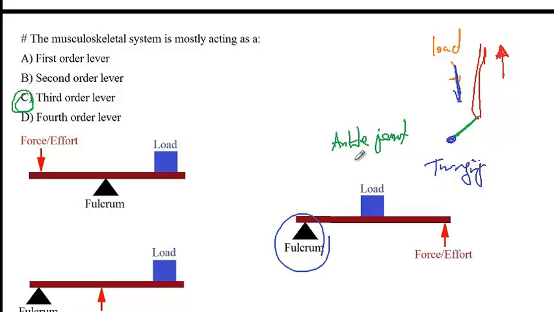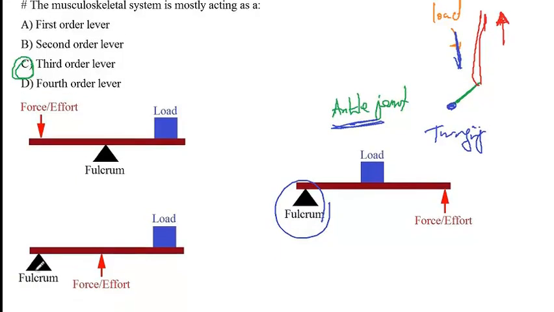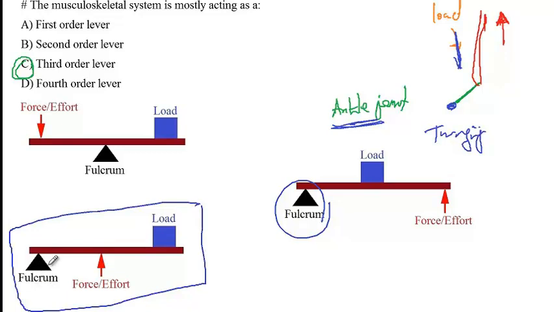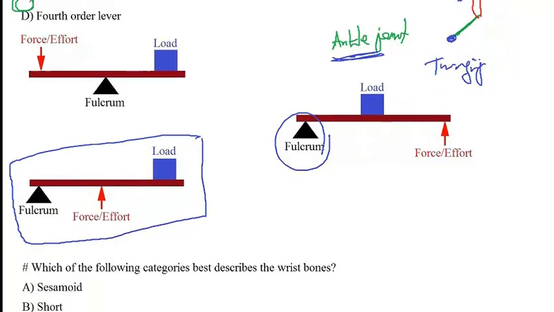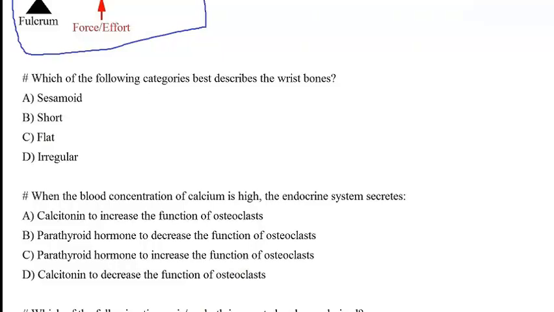So the ankle joint is an example of a second order lever, but most of our musculoskeletal system is acting as a third order lever, which is shown right here. Turning point at one side and then the load on the other side, with the force or effort right in the middle.